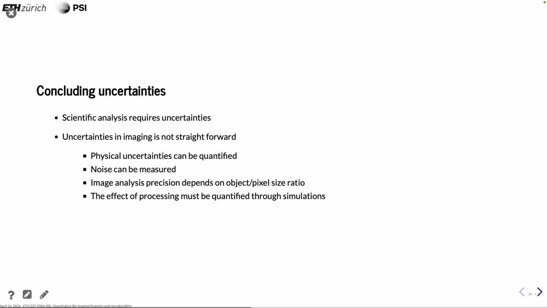The radiographs, they're pretty obvious, but as soon as you put it through the chain of CT reconstruction, there are so many steps and so many things that are done on the way that the analytical solution is impossible. So in principle, what you need to do is to reconstruct the uncertainties in parallel to reconstructing the data.